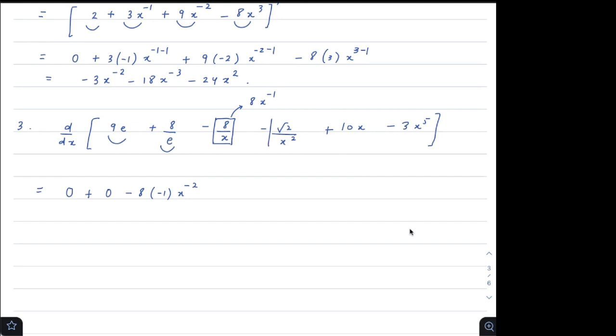For the next term too, rewrite it before you differentiate. Now use the power rule. Derivative of 10x will be 10. Why? Because the derivative of x is 1. And you apply the power rule to differentiate the last term also.